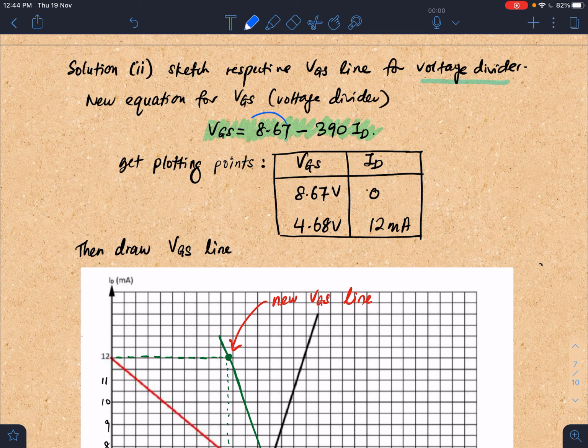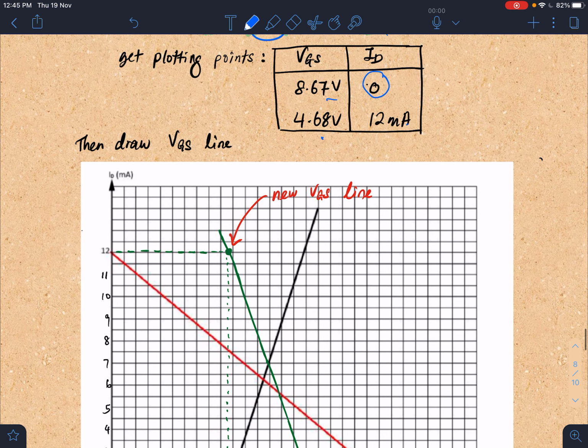Remember that 8.67 is the VTH that we calculated earlier, and 390 is the RS from the calculation. Now we get the plotting points by inserting any value into this equation. First, ID equal to 0 gives VGS of 8.67. Second, ID of 12 milliampere gives VGS of 4.68.